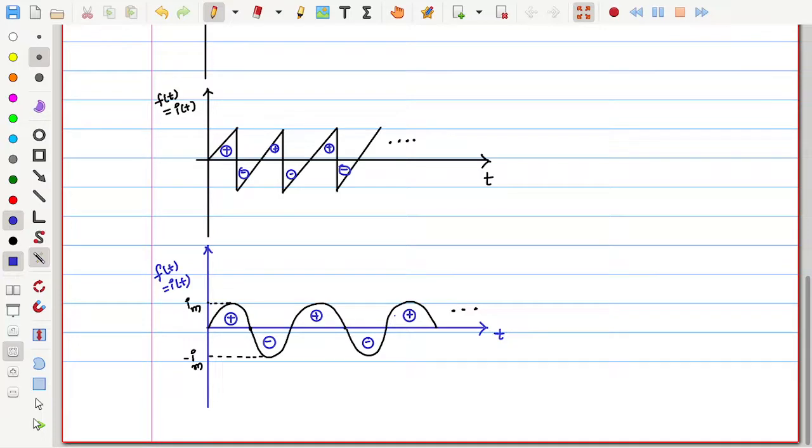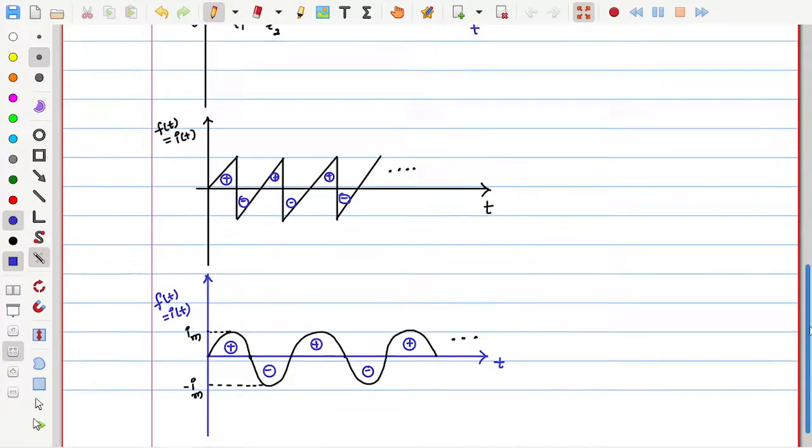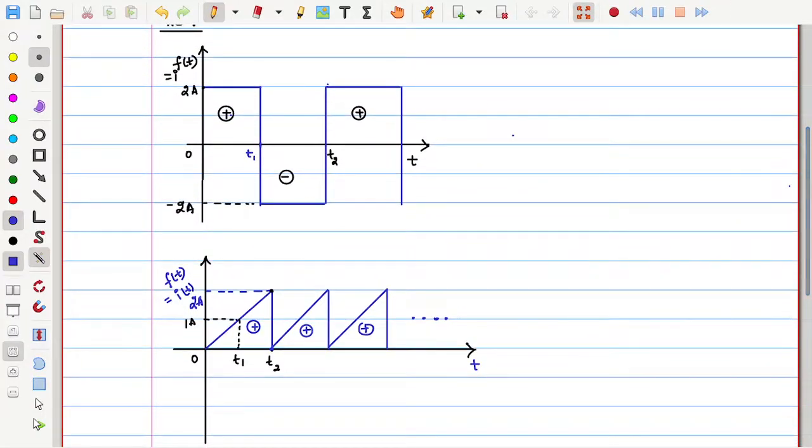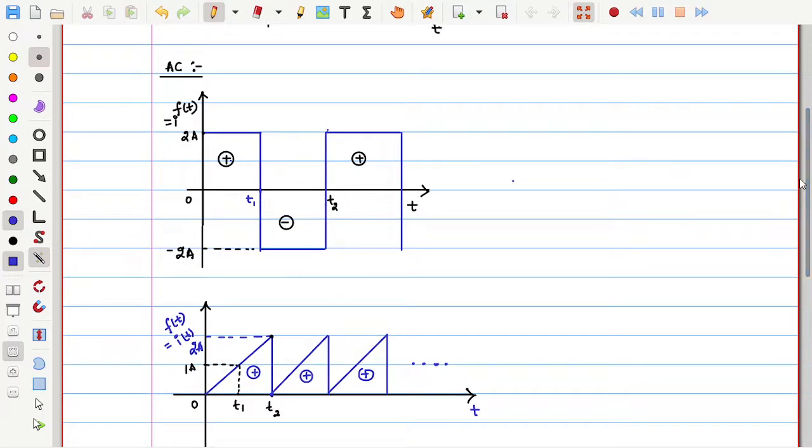So if you observe these waveforms, first try to understand in a better way that AC means it has varying amplitudes and a change in direction.